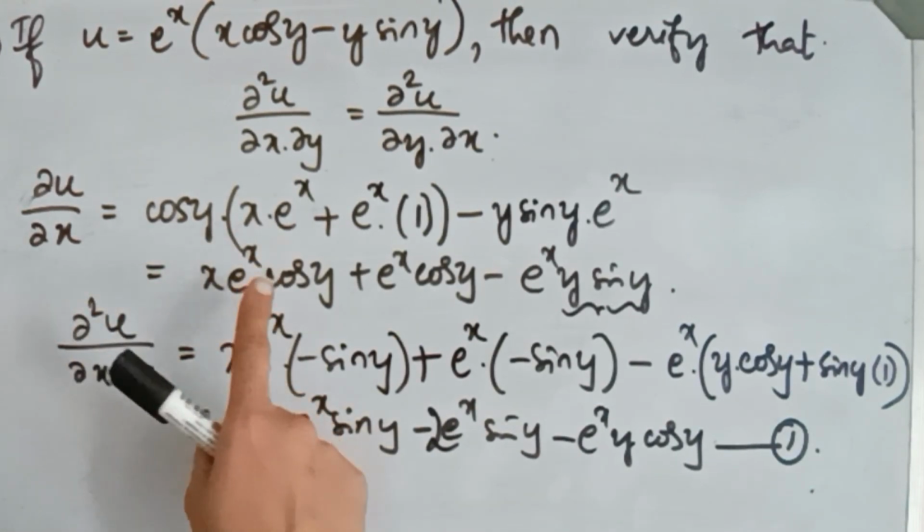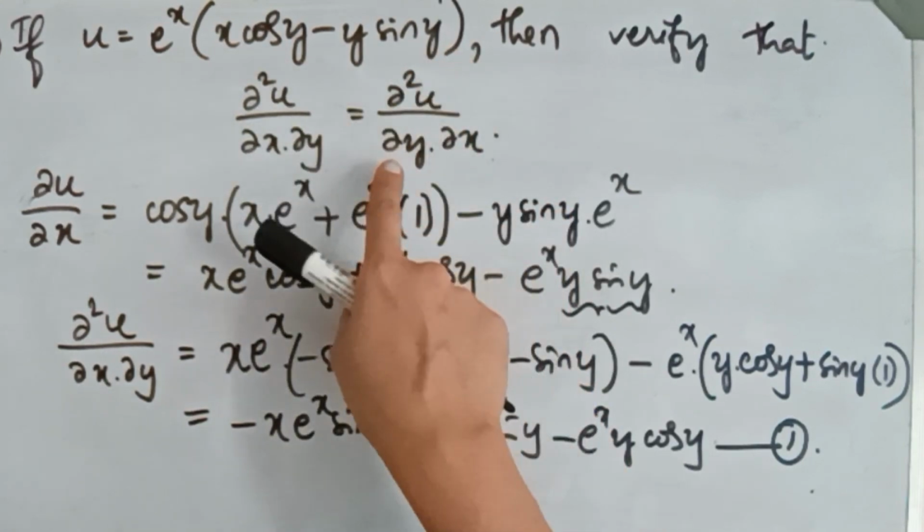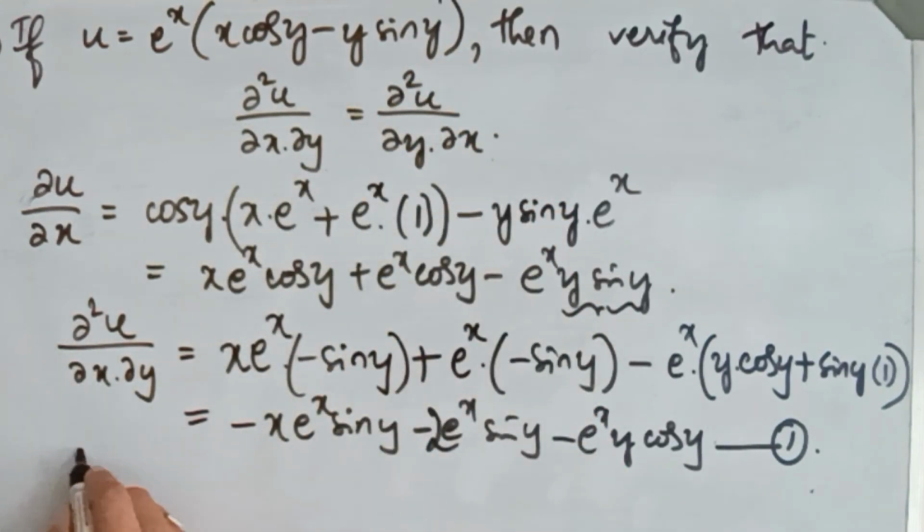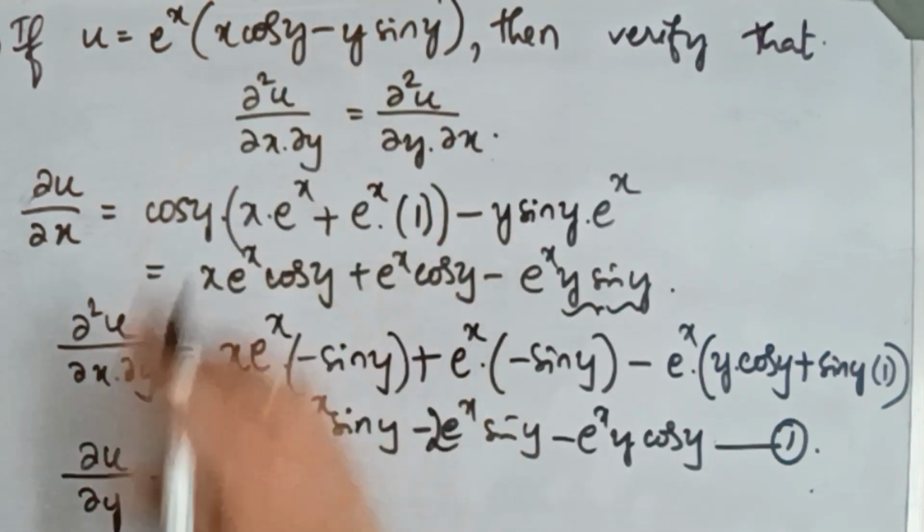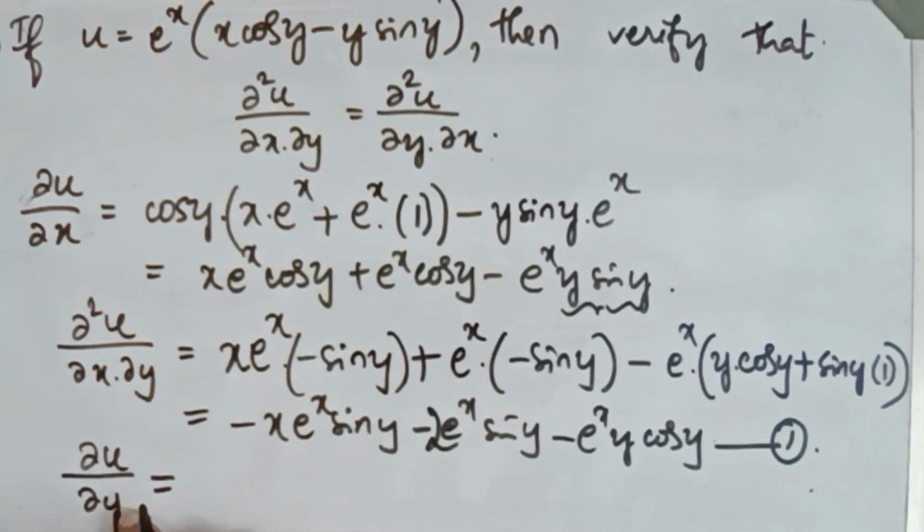Now similarly you have to find ∂²u/∂y∂x. So first to find ∂u/∂y, differentiating u with respect to y partially first.